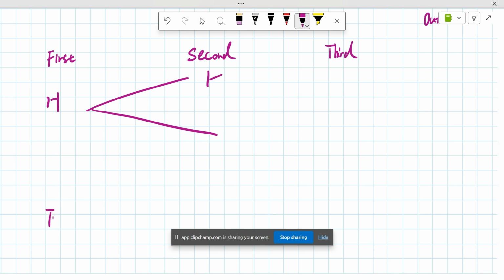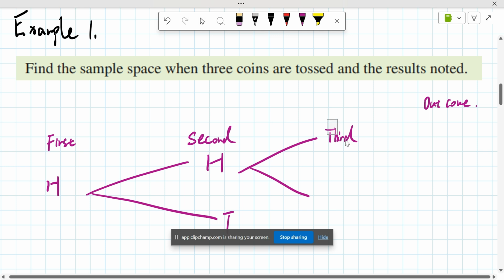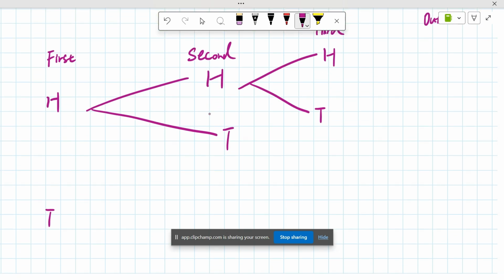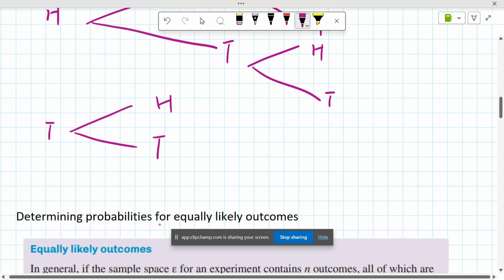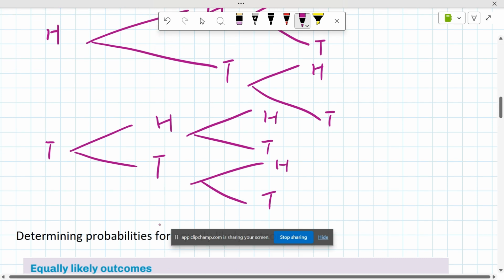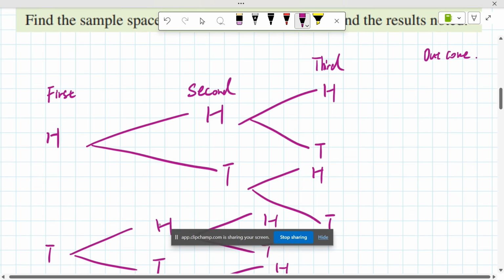So now we have heads and tail again, and then we keep going, heads and tail, heads and tail. So that's it. This is the tree diagram.